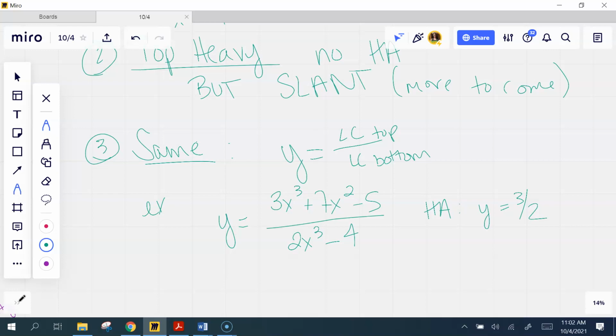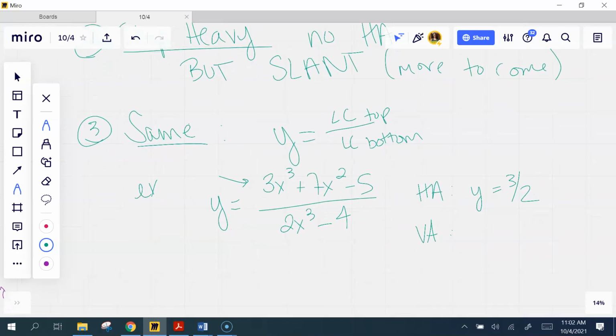About vertical asymptote. This is not going to factor down with a perfect linear factor. So what I'm getting at is you're not going to have a canceling linear factor here. So what would your vertical asymptote be? Any guesses? Close.